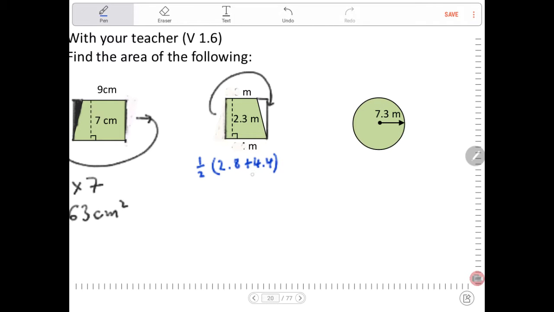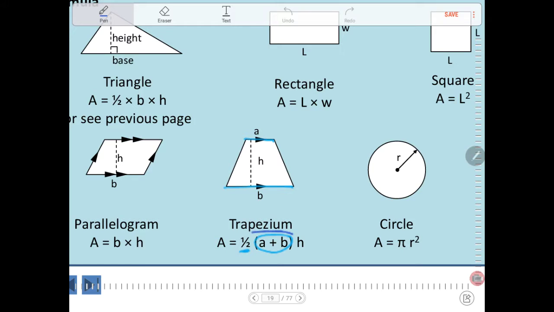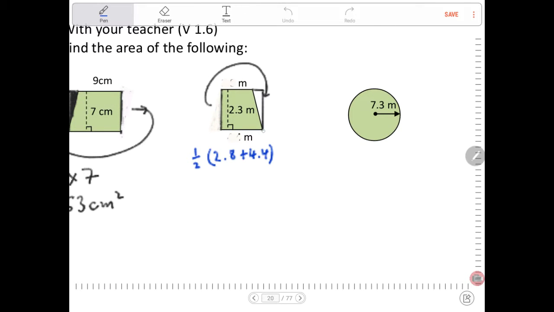So doing that bit, that's part of the formula, as you can see over here, gives us this side length. So that gives us 3.6. So this is simply a rectangle that's 3.6 by 2.3.